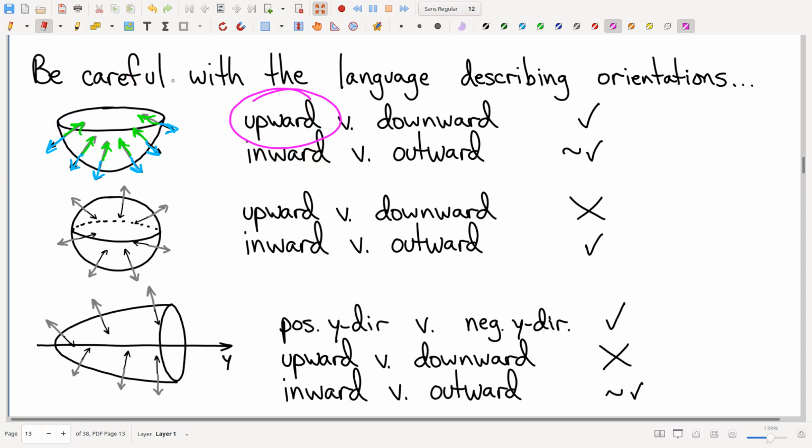Now, there is another language choice that some people like to work with, and they like to say inward versus outward. The idea being that this is like a bowl of cereal, and the green vectors point into the bowl of cereal, and the blue vectors point out of the bowl of cereal. The green vectors point to where you want the milk to be, and the blue vector points where the milk really better not be. So, fine.